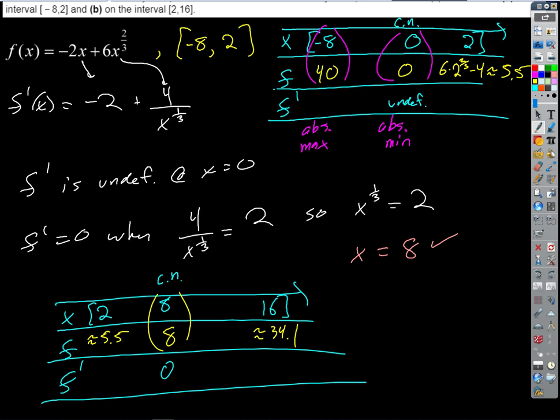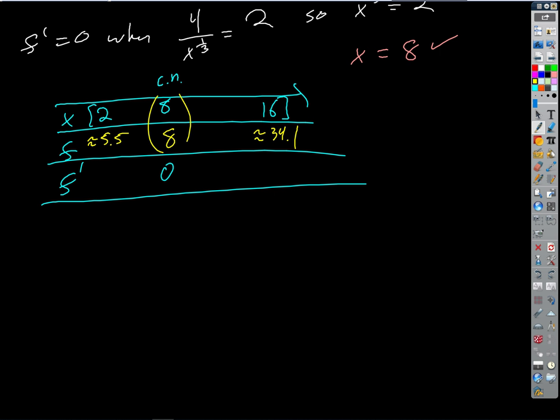It seems like it ought to be smaller than that. About 2. F of 2 is 9.5. No, F of 16. Other endpoint, 6.1? Oh, okay, well.